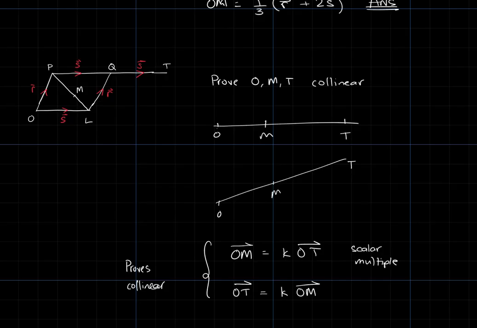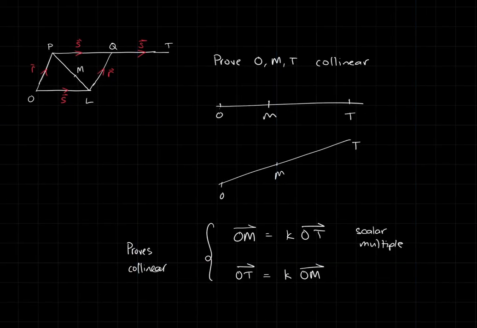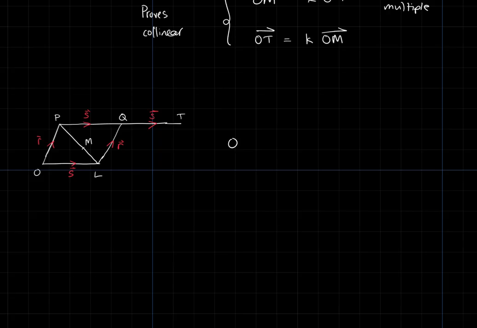All right. So let us define what OT is. OT would be going from O to P, P to Q, and then Q to T. So OT is OP plus PQ plus QT.